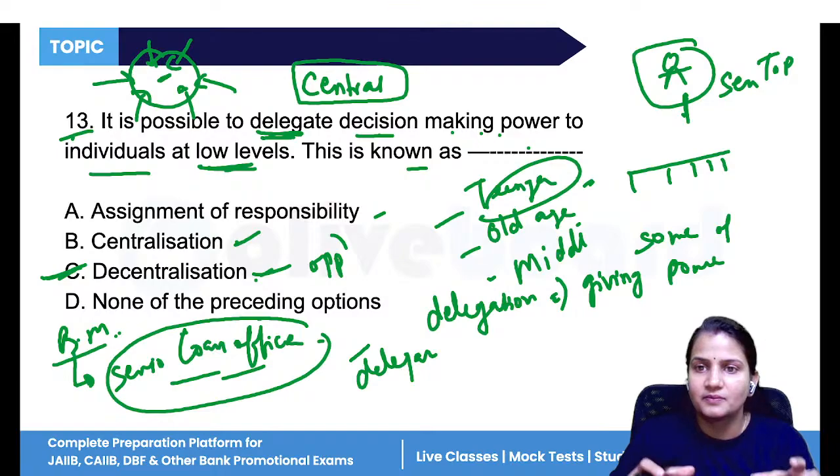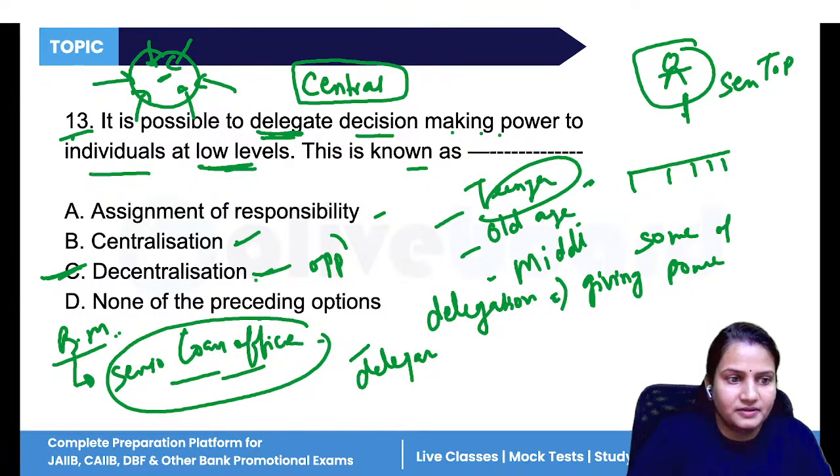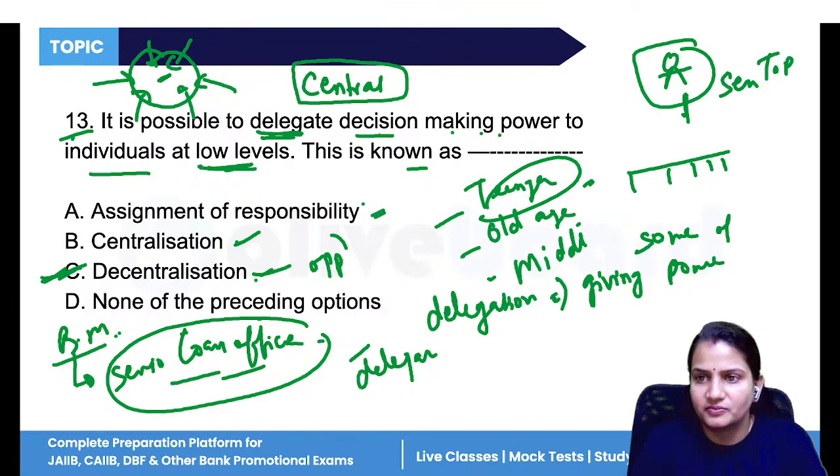In centralization, the power is concentrated. Only one person has the right to take power, that is the senior manager or top manager. All right. Understood the concept? And assignment of responsibility means, like you are one of the employees in your bank, whatever responsibility you have to do, that you are performing. So it's an assignment of responsibility.